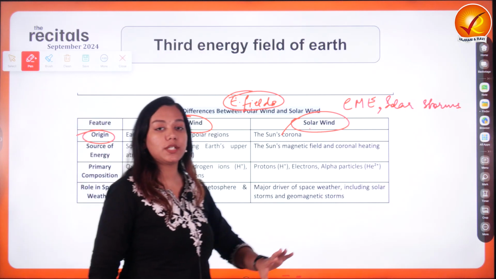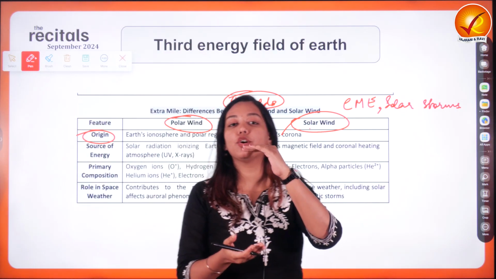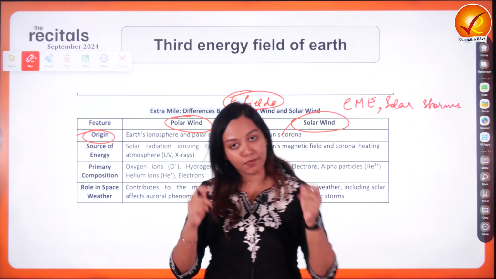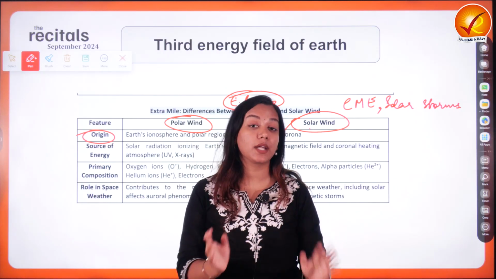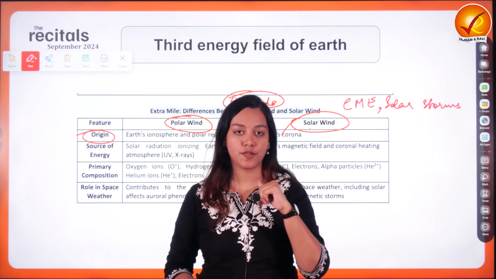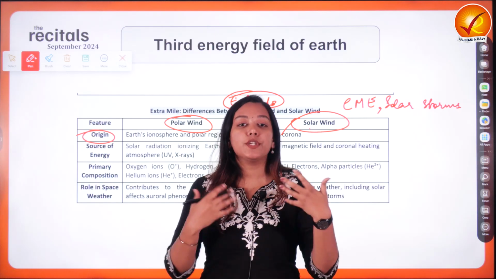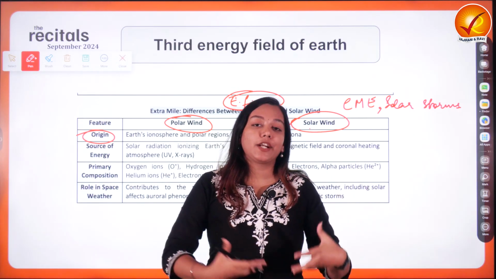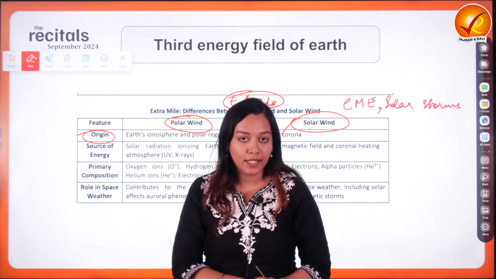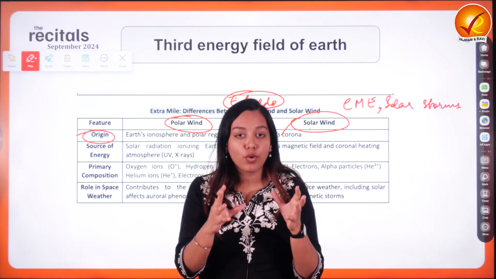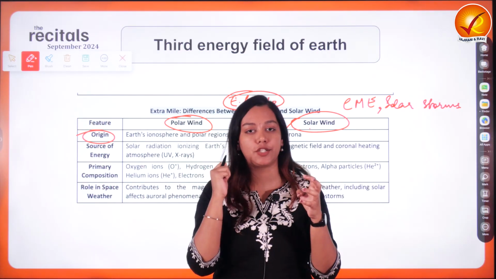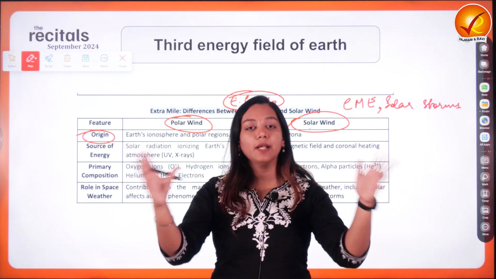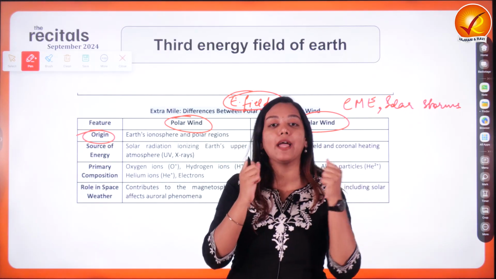Polar wind is not originating from the cryosphere of the Earth, which means definitely originating from the poles, but not from the cryosphere, but from the upper parts of the atmosphere, which is able to create a lot of electric field. Which part of atmosphere is that? It is the upper part of atmosphere, which is more exposed to the sun's radiation. Sun's radiation will heat up the particles and make them ionized.